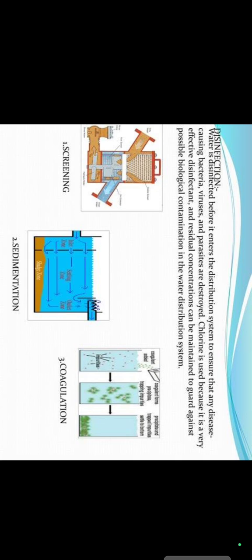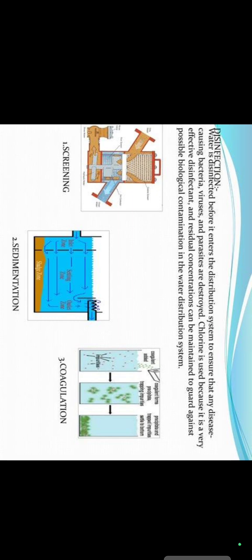The second one is the aeration process. In this process, mixing the water with air is known as aeration. The main purpose of aeration is to remove gases like carbon dioxide, hydrogen sulfide and other volatile impurities.